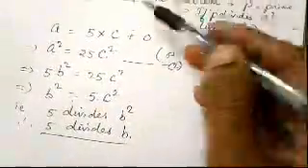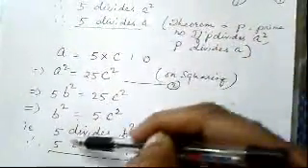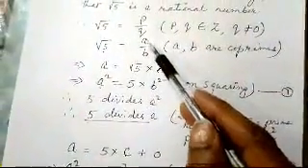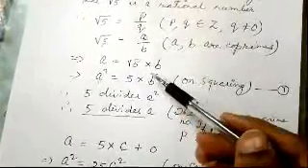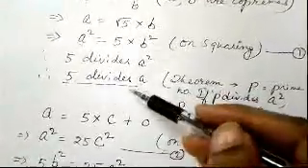Now let us concentrate on these two steps. 5 divides A and 5 divides B. These two we have proved. Whereas in the beginning we had supposed that between A and B there are no common factors. But after these steps we are saying that A has a factor 5 and B also has the same factor 5.